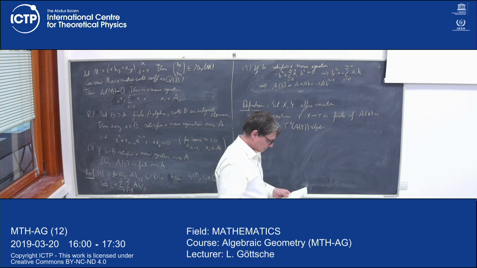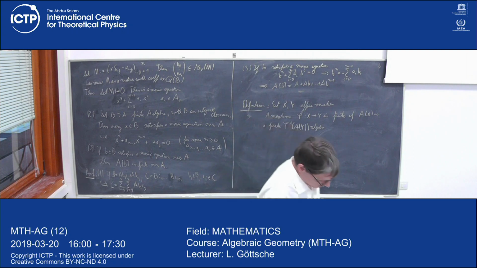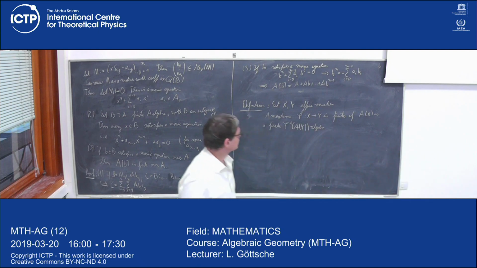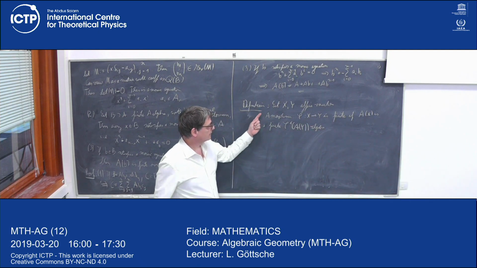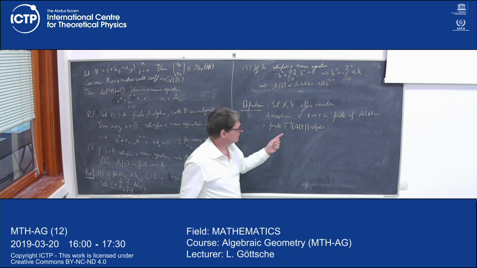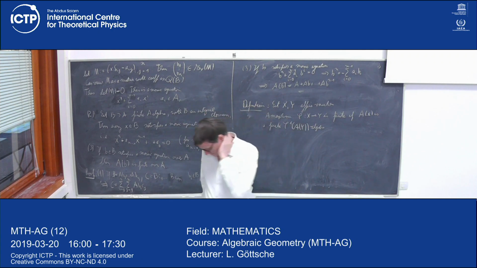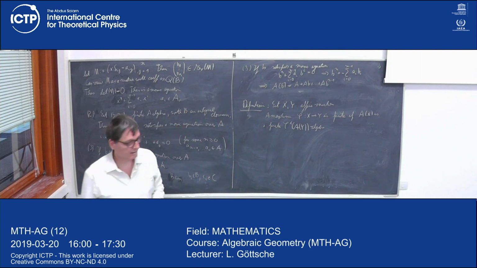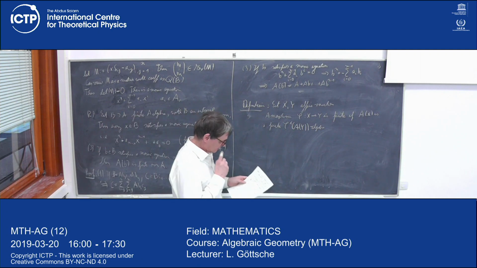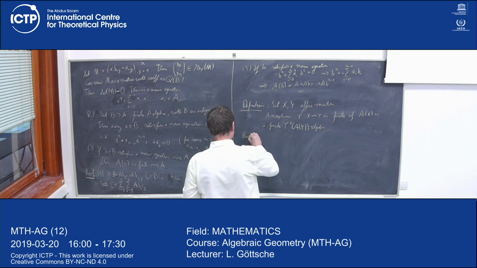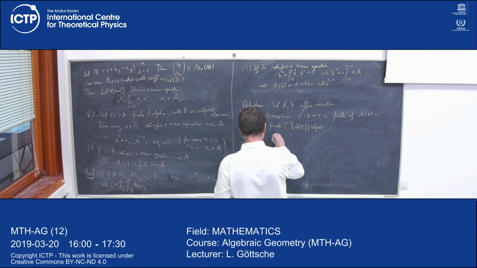And now I should maybe remark that in general the definition of finite morphism is more general. One doesn't need that the varieties are affine. So the general definition, which I'm not going to use, I just write. So, remark 1.